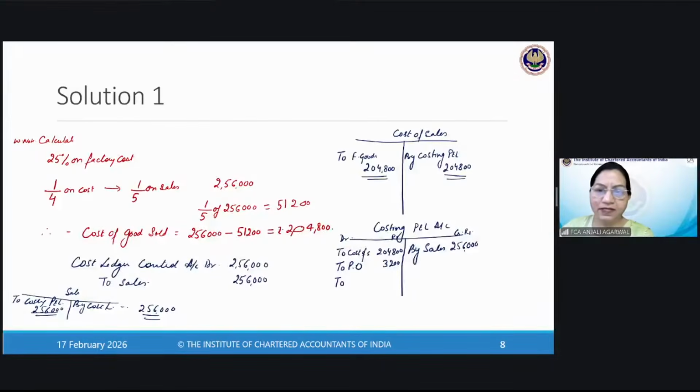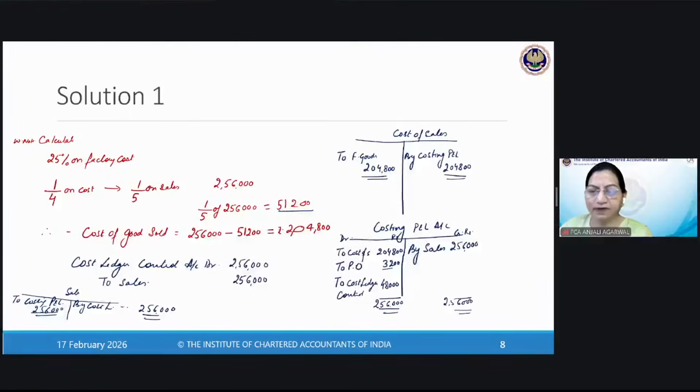So technically it should be 51,200, the gross profit, but because production overheads are there, so to net profit, which will be carried to cost ledger control account. This is 48,000. Right?